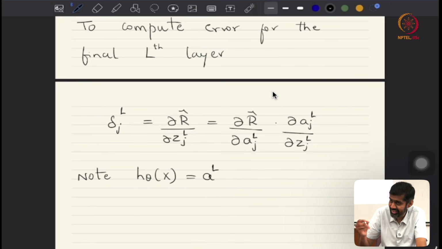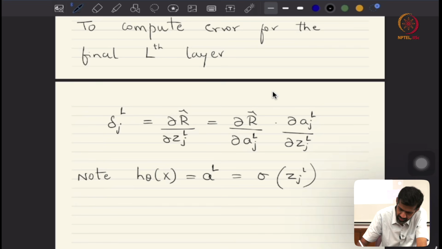Because there is an activation in between, we will have to take the derivative of that as well. Let me write that. So, now this is equal to the activation that is computed on ZJL, the derivative of this with respect to ZJL is simply the derivative of this.